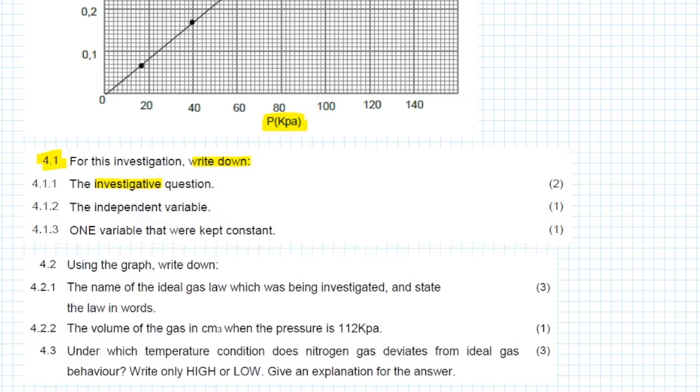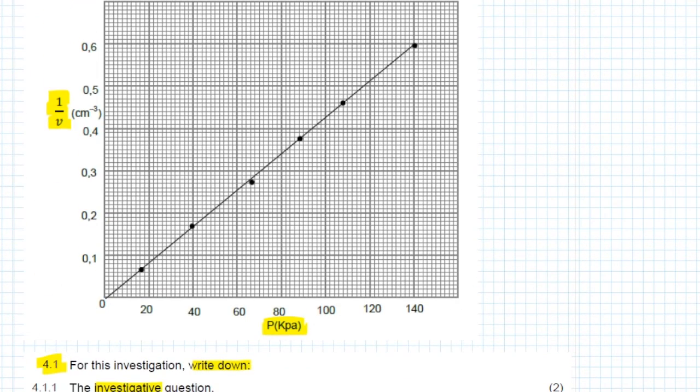Whenever we are performing an investigation in physical science, we are looking for the relationship between two quantities. So we're going to say over here, what is the relationship between pressure and volume, or we can say the inverse of volume, for a fixed mass of gas at constant temperature?